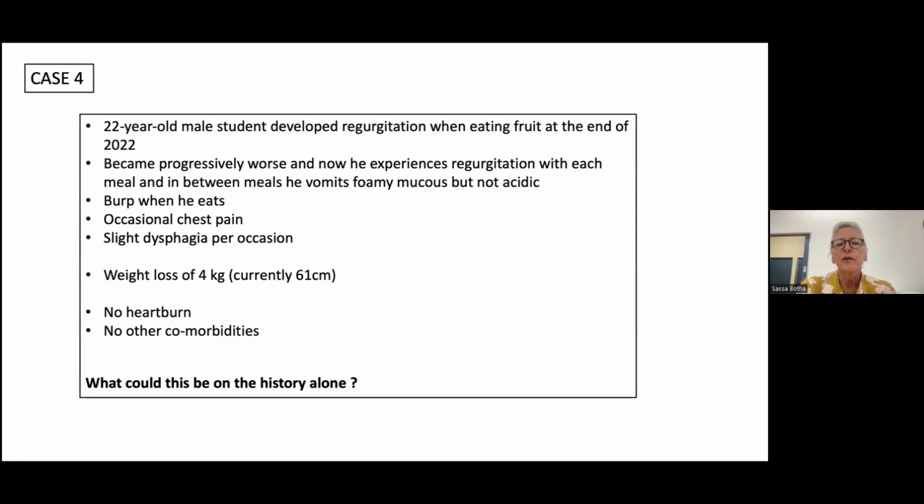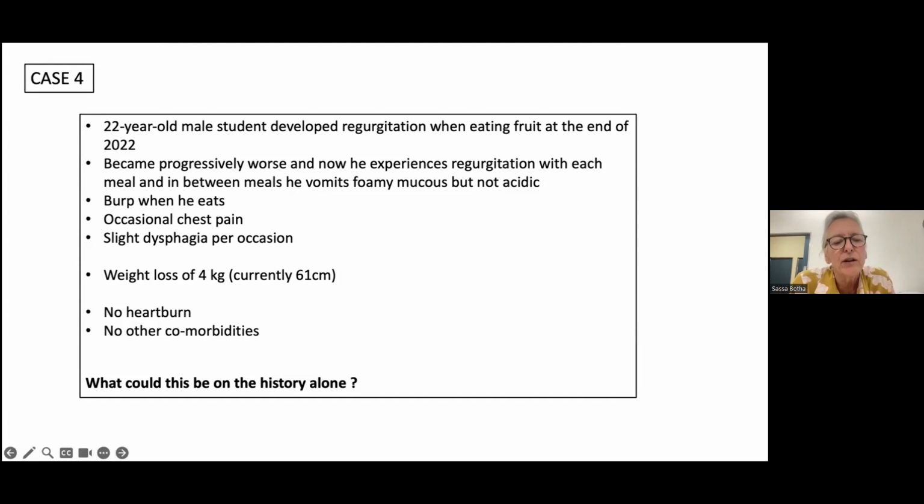It became progressively worse, and he experiences regurgitation with each meal, and in between meals he vomits foamy mucus that's not acidic. He burps when he eats, has occasional chest pain, slight dysphagia on occasion, and weight loss of about 4 kilograms, no heartburn, and no other comorbidities.